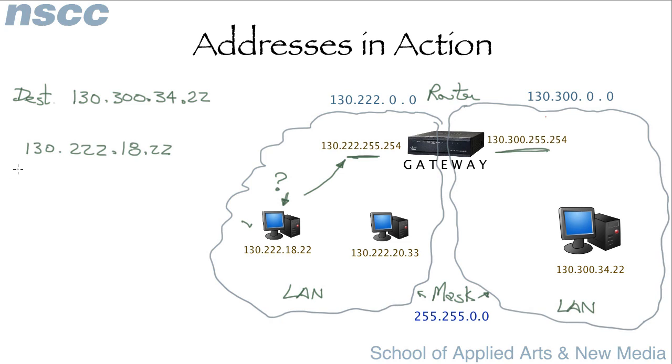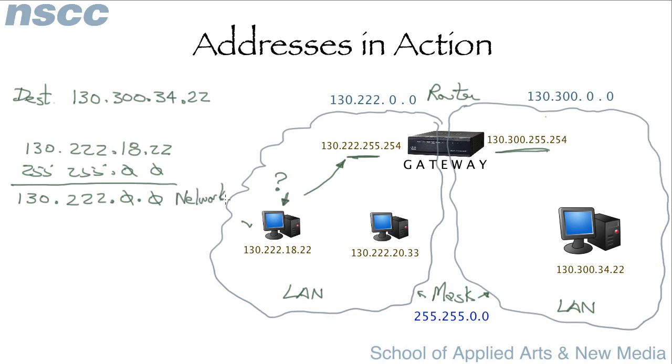This machine is going to take the network mask and AND it with its own IP address, and it's going to get out this. Now, this is the address of the network it's on. So it now knows what network it's on by taking its own address and ANDing it with the network mask.